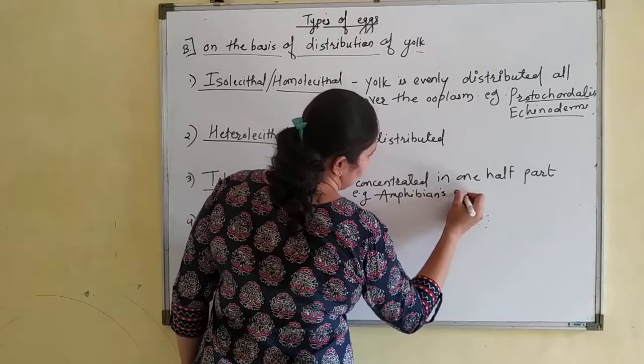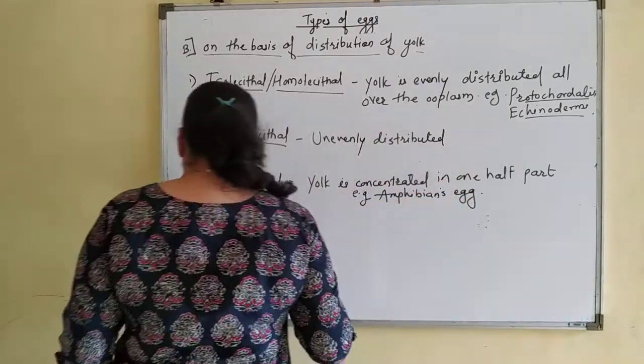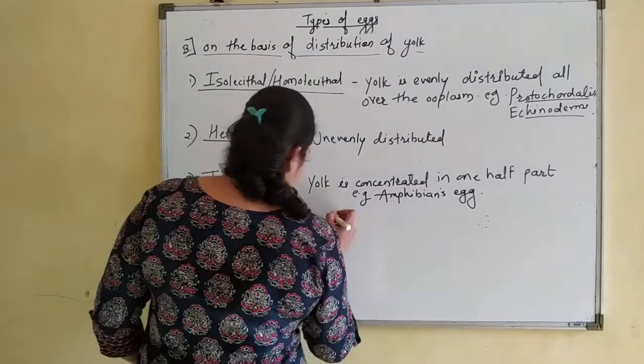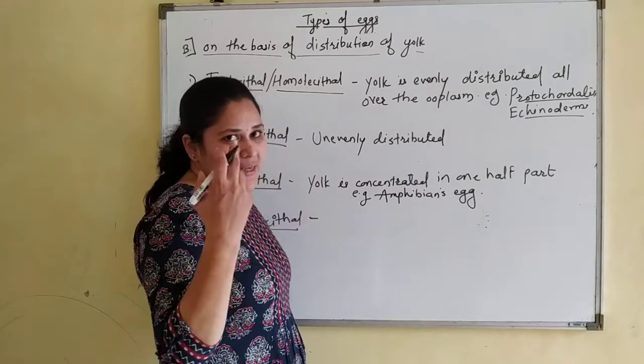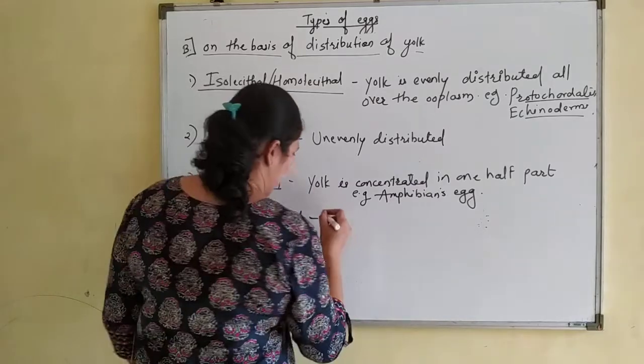Then centrolecithal. In that, yolk is centrally concentrated, whereas cytoplasm is peripheral.